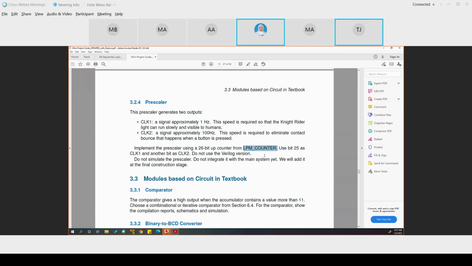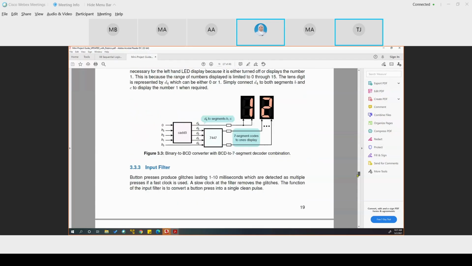Yes, I use two LEDs for segments B and C. Oh, B and C. Okay. So I use two LEDs to represent that.